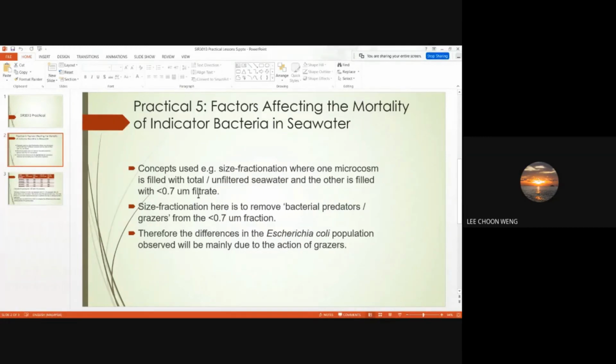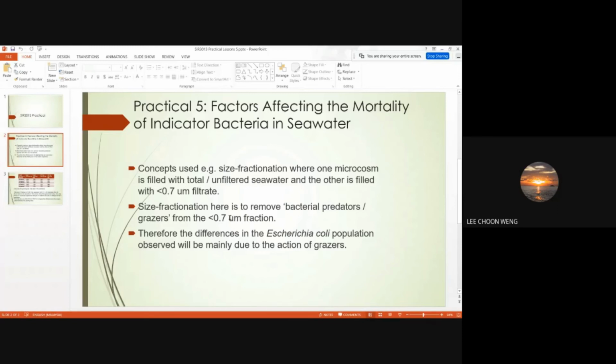Okay, so this is just to show how size fractionation is used in microbial ecology for marine work, where when you filter certain fractions, you can assume them not to have any grazers or predators or protozoa inside.